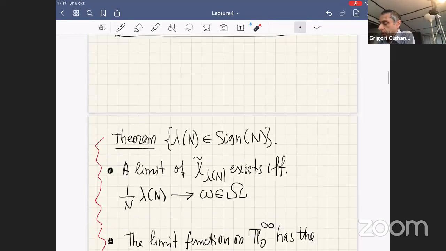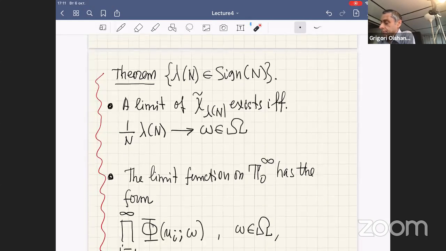And now the theorem is as follows. So assume we have a sequence of signatures and take the corresponding normalized characters, and a limit of such a sequence exists if and only if the corresponding points in our space converge to some point omega, small omega.